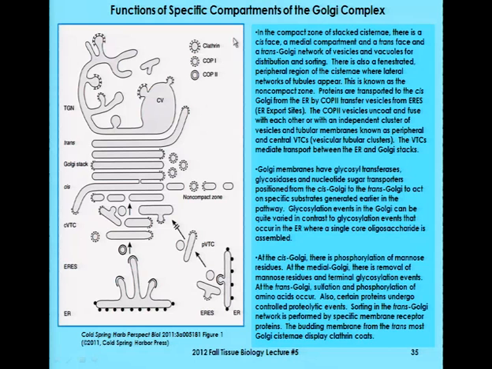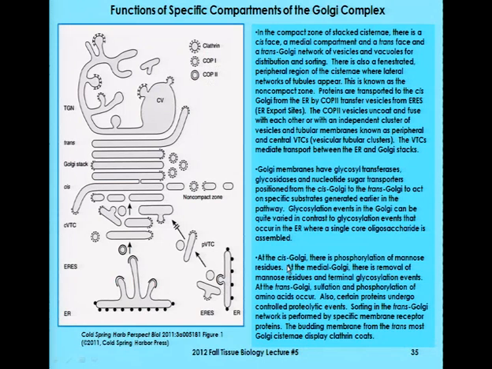Now, there are specific coated vesicles that assist in the membrane traffic to the Golgi from the ER, from the Golgi back to the ER, and movement of protein out of the Golgi into other regions of the cell or to the cell surface. And these involve clathrin-coated vesicles, COP1, and COP2.